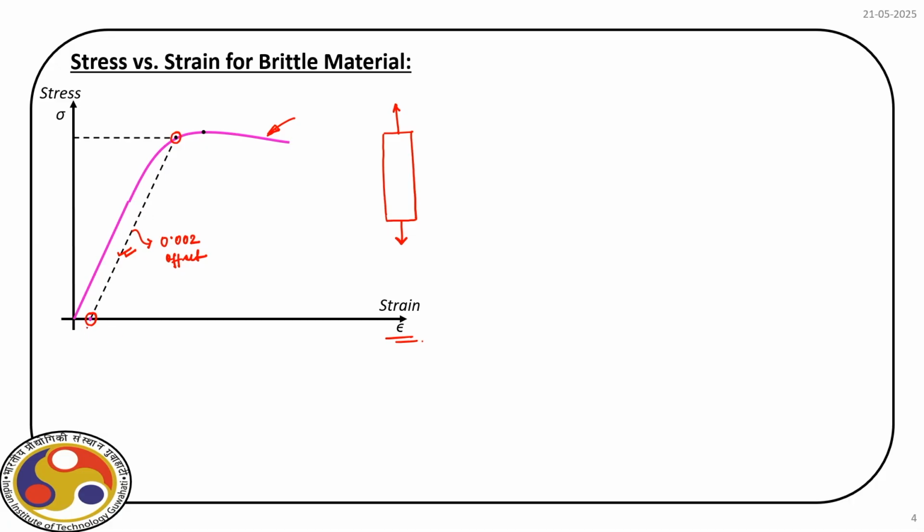The strain here at this point is 0.2%, and we get this point here, say this is A and here it is B. So, this A corresponding to this 0.2% offset line is the yield point.